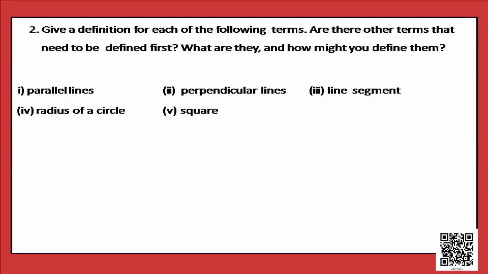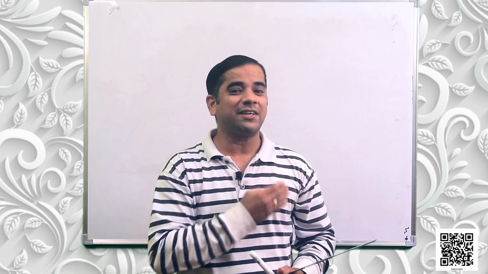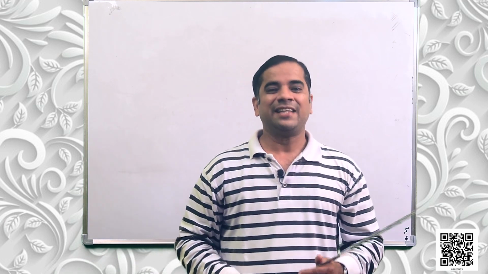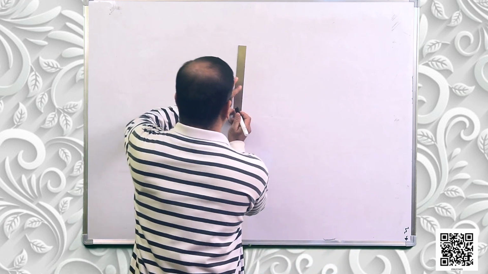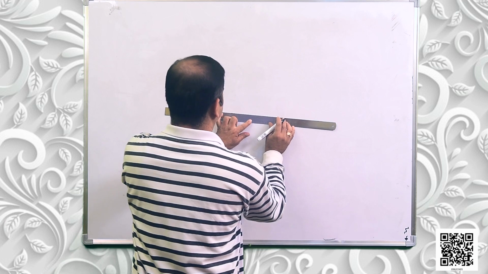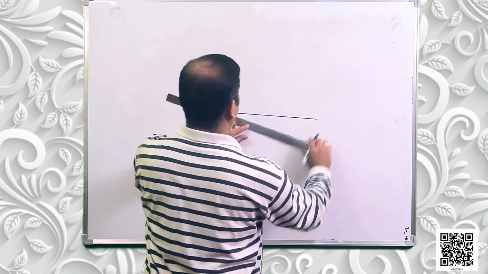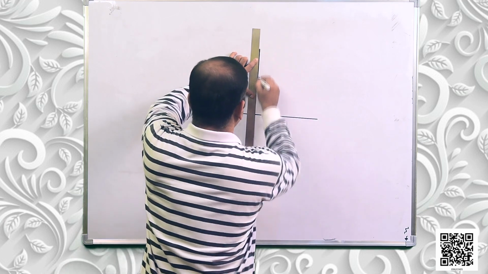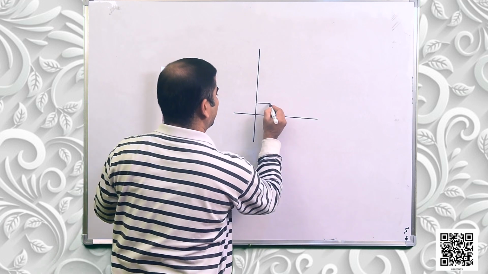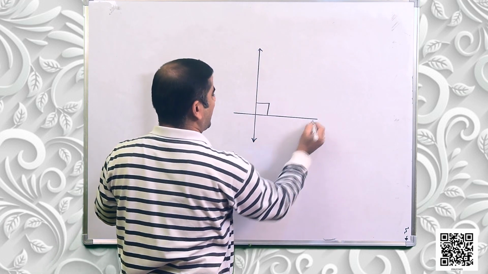Clear? Next one is perpendicular line. I hope you have already understood this concept from the previous concept. Perpendicular lines maintain 90 degrees with each other, or we can say both the lines intersect each other at a right angle. Let us draw it. Suppose I draw a line like this and another line intersects that line at 90 degrees.